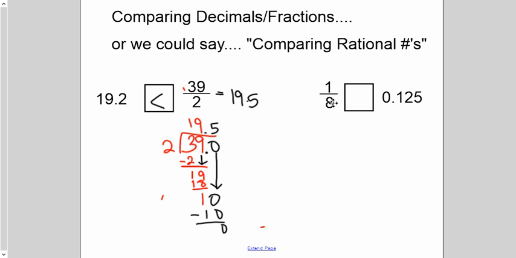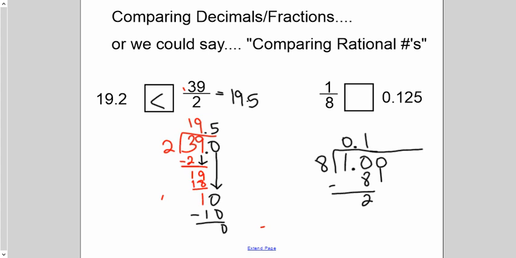Over here, it's the exact same thing. Take the fraction, make it into a decimal so we can compare. So here's the 1, it goes inside, and here's the 8. 8 goes into 1 exactly 0 times. We need to add on a 0, so we'll put the decimal top and bottom right here. Go ahead and add on our 0. 8 goes into 10 once. Extend this out a little more.